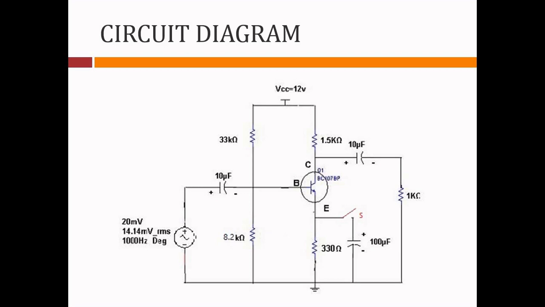If I disconnect that switch, then the AC signal which is getting dropped across the emitter resistance of 330 ohms will create some kind of opposite feedback to the input signal. So we are going to check the output voltage across the collector with and without connecting the capacitor.